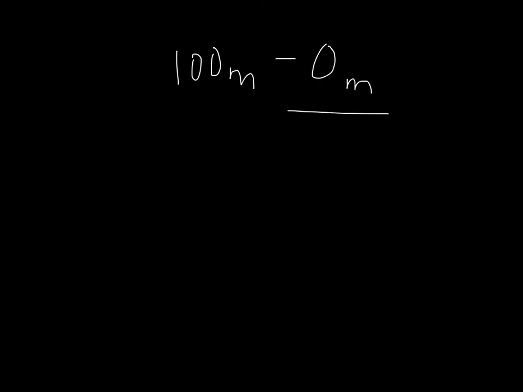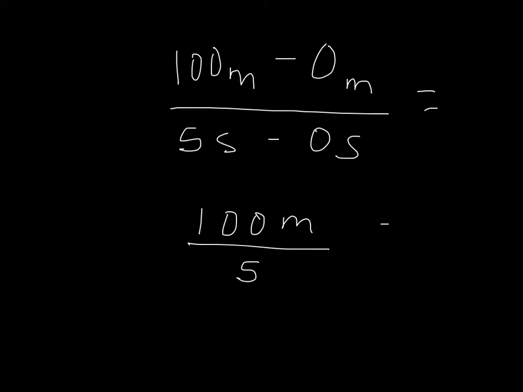So if we did an example problem, we could say that a person runs to the right 100 meters, so their final position was 100, they started at the origin, in 5 seconds. And their original time would be, of course, 0 seconds. So that gives us 100 over 5, and that gives us 20 meters per second.